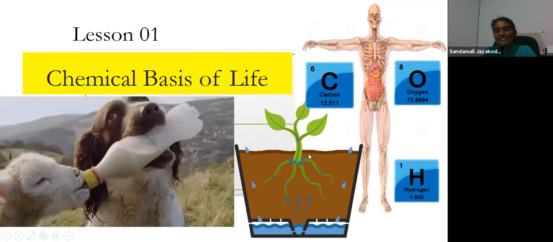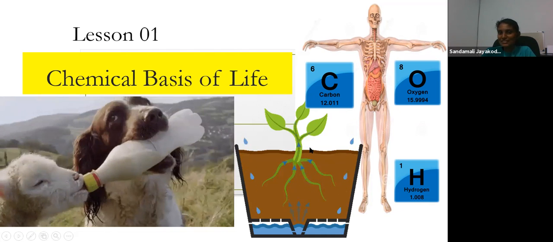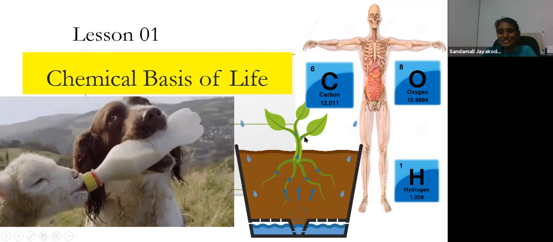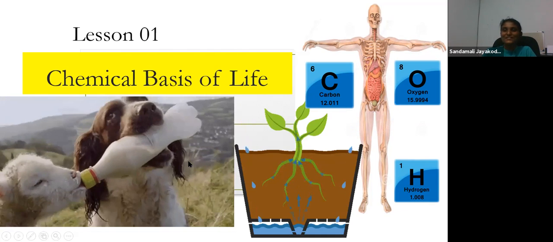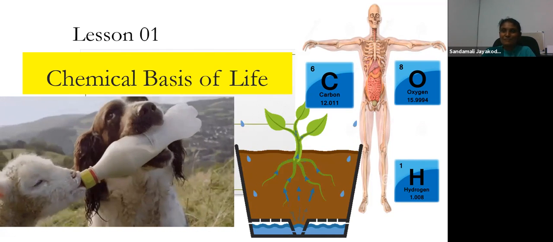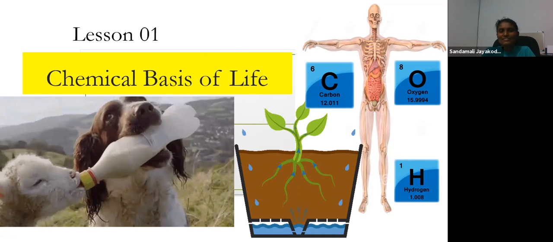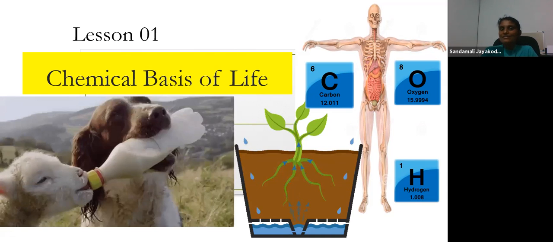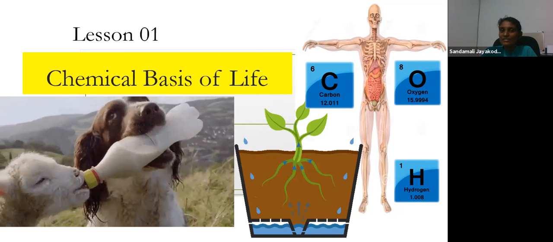In the same way, this plant is getting water to grow itself. We know that plants carry out photosynthesis to produce their own food. But we can't produce our own food, so we depend on the food produced by other organisms, maybe plants or maybe meat, milk, everything. All these foods absorbed from nature are non-living things. That means they are made up of different elements.